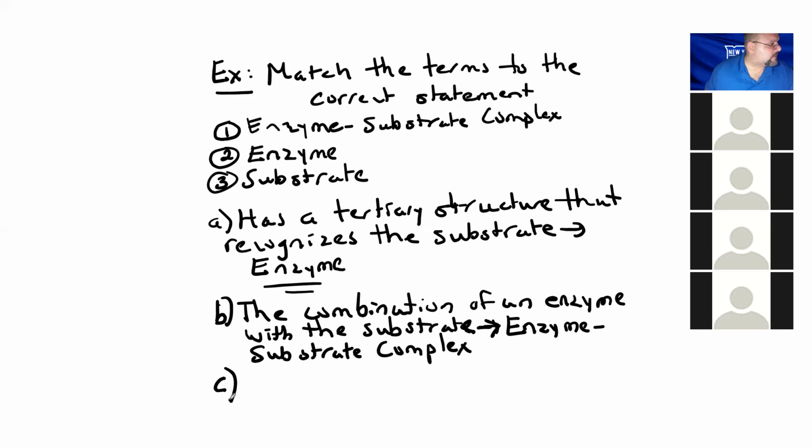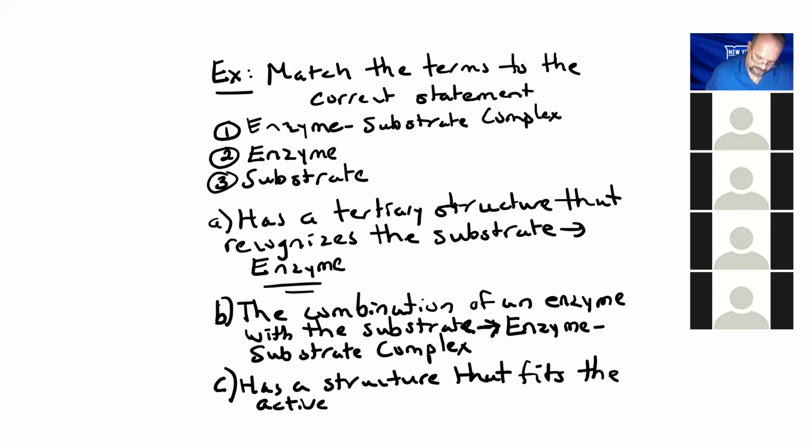And then letter C, has a structure that fits the active site of an enzyme. And we'll get into the ideas a little bit in a few minutes of how close in shape the substrate and the enzyme have to be.